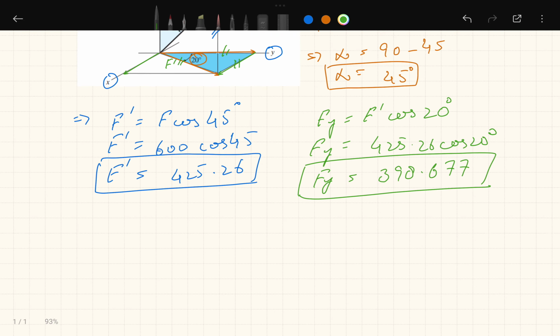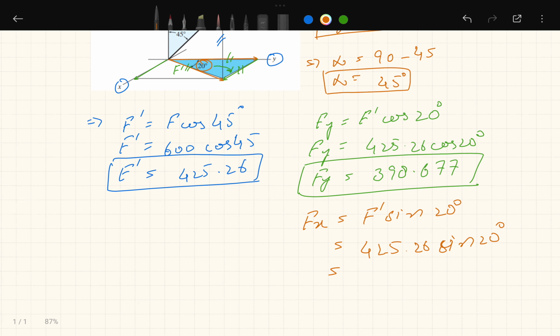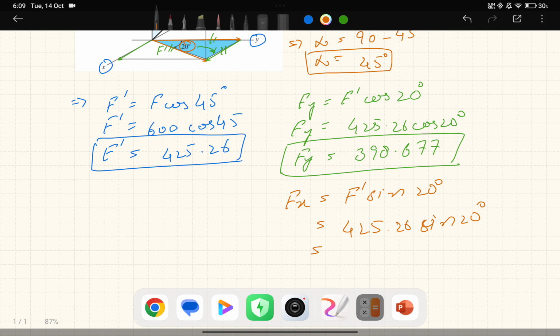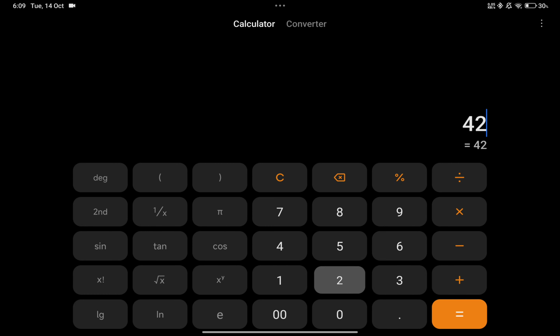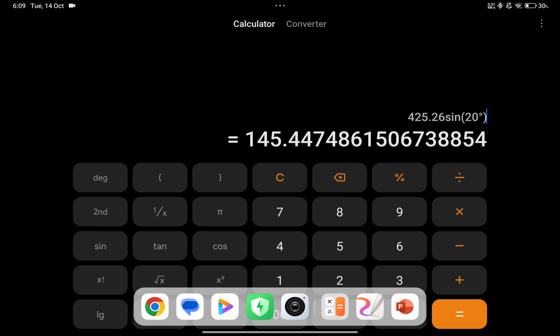Then you can get the magnitude of the x component. It will be F prime sine of 20 degrees. So F prime is 425.26 and then sine of 20, which gives 145.44.